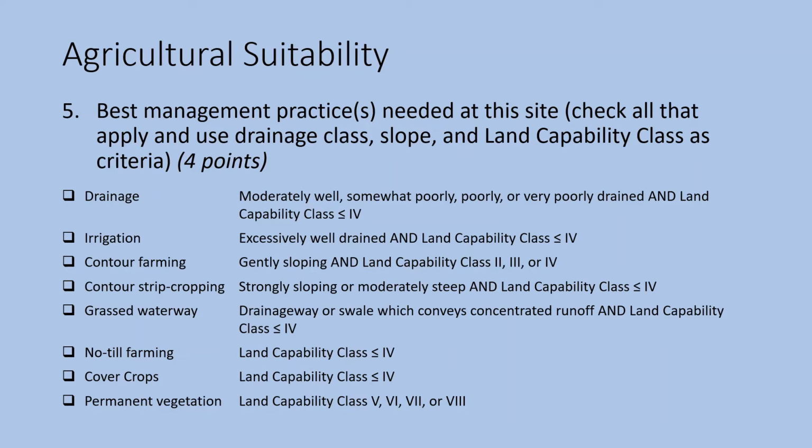Based on the limitations you've identified and the land capability class that you assigned, so you'll be looking at part C, earlier in the question right before where you identified land capability class, and you also want to look at drainage class and slope, and you'll determine which practices are needed at this site. You should check all of the ones that apply. Generally, depending on your site and the specific characteristics, you'll find several that are needed.